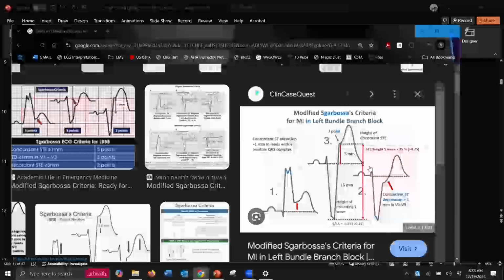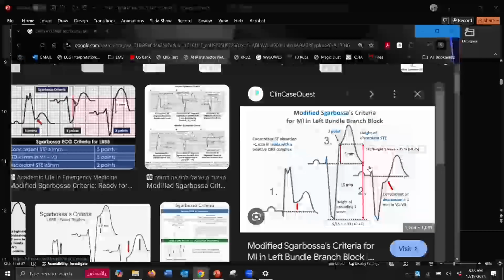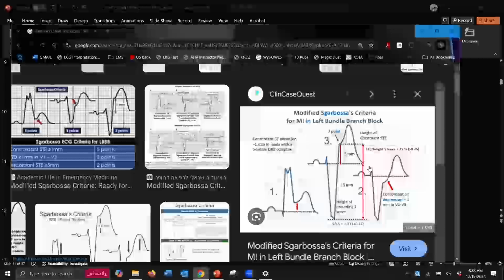We're talking about two different criteria, though, right? So I'll describe what's different between Scarboza and the Smith modification. The only thing that the Smith modification did was increase sensitivity, and the only thing it changed from Scarboza was that number 3 point. The Scarboza criteria used to say in the precordial leads, most specifically V1 and V2, if you had ST elevation of greater than 5 millimeters, it met Scarboza criteria.